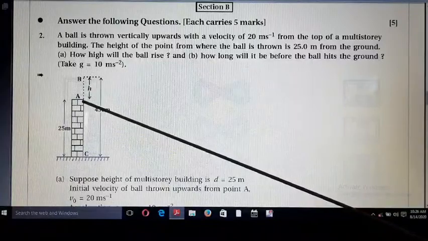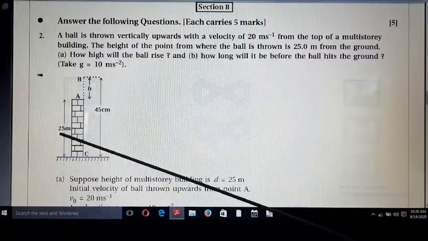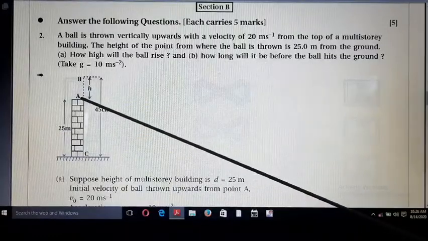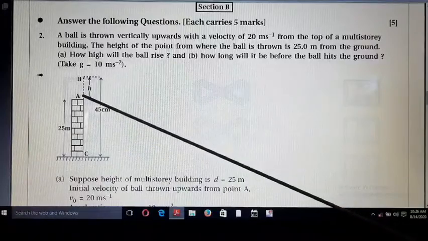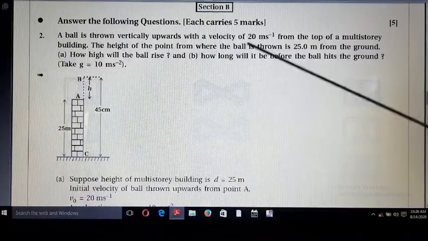So friends, first of all, look here this figure. Again I repeat, here AC is a building and its height is 25 meter. Now we have one ball. It is thrown in upward direction. Its initial velocity is 20 meter per second.